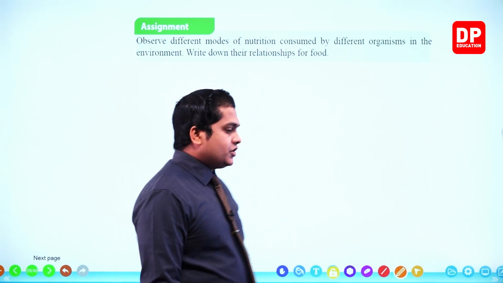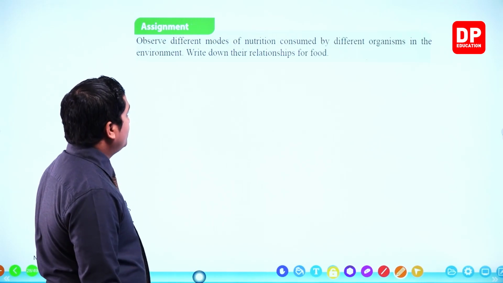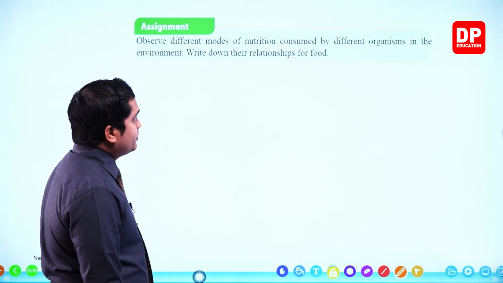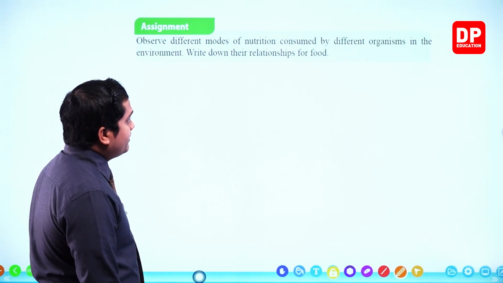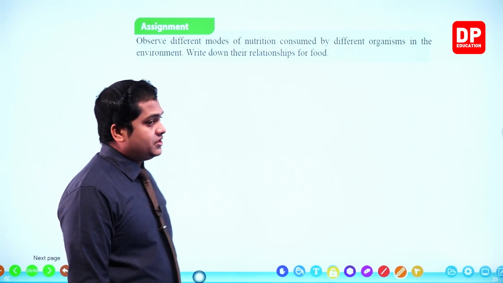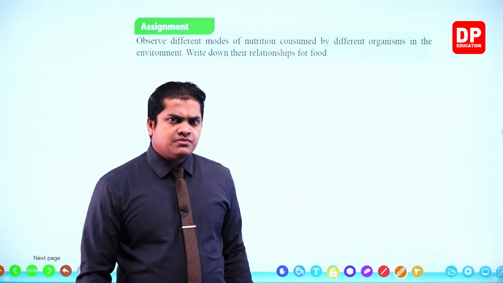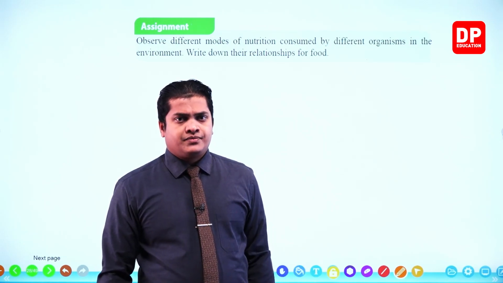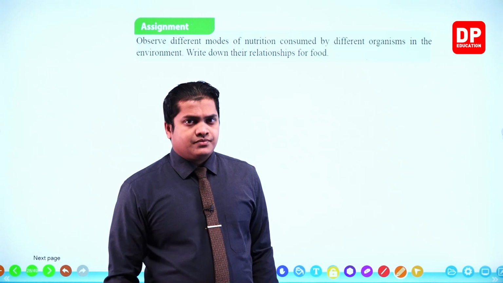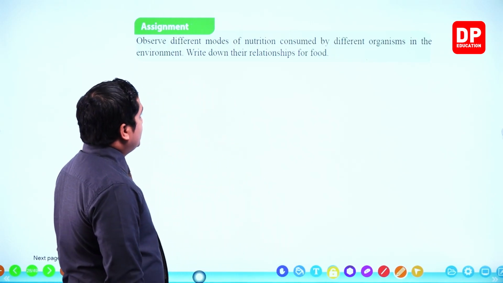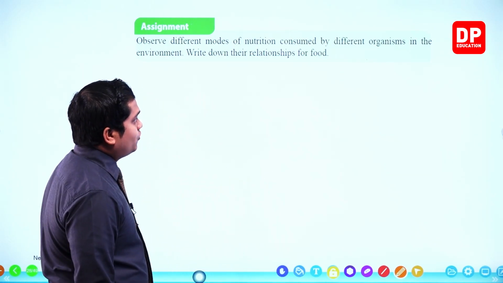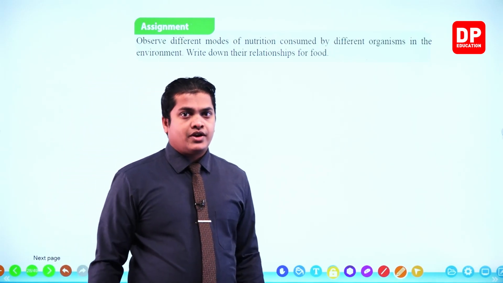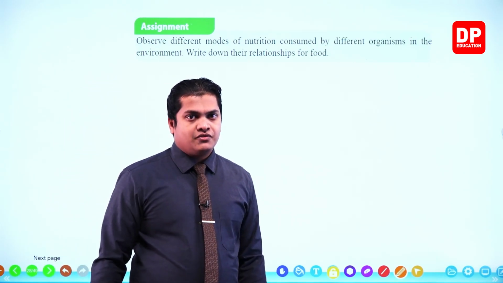Okay, so my dear children, here it is given, you have to observe different modes of nutrition consumed by different organisms in the environment. So different organisms in our environment use different kinds of nutrition patterns. So you have to observe these things, right? Then you have to write down their relationship for food.